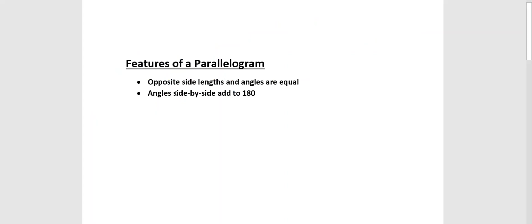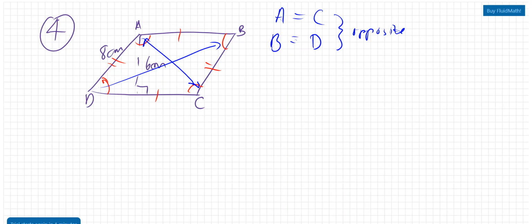And the second point that's important to know for this question is angles side by side, or we can say adjacent, add to 180 degrees. So what that means is, side by side is saying, for example, D and C are side by side, and that means if we add D and C, they should add to 180 degrees.